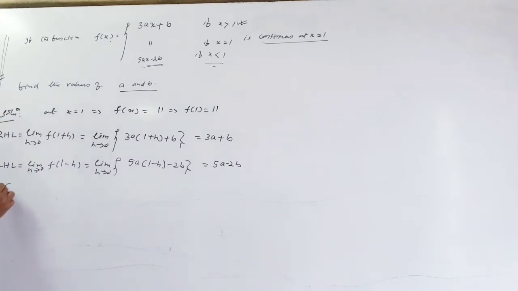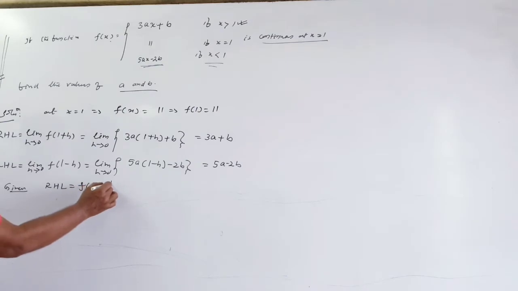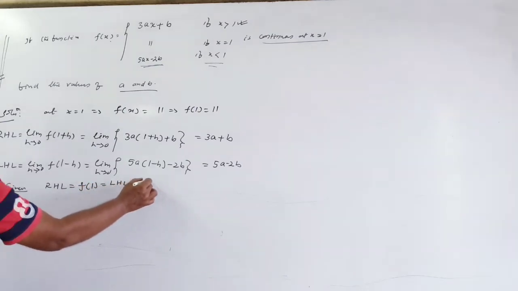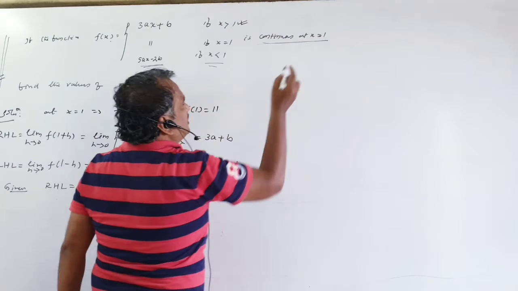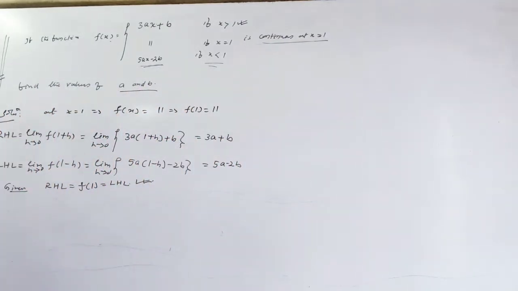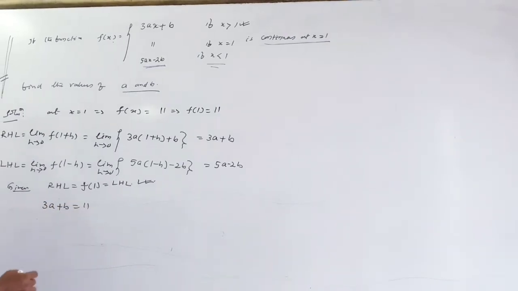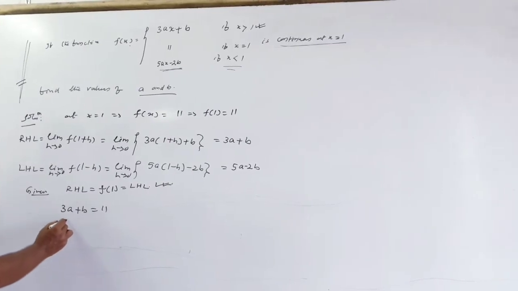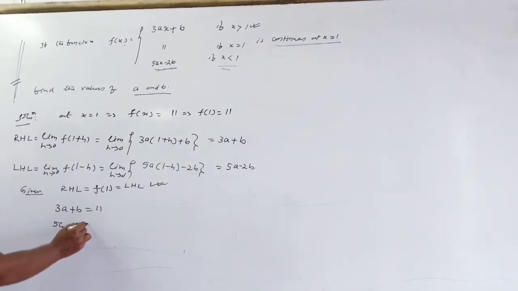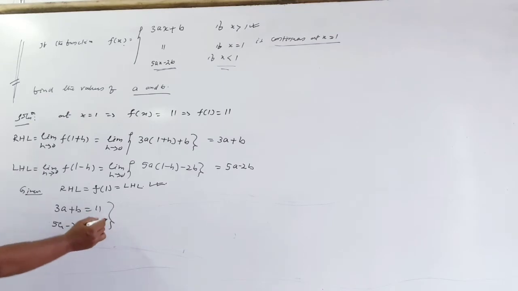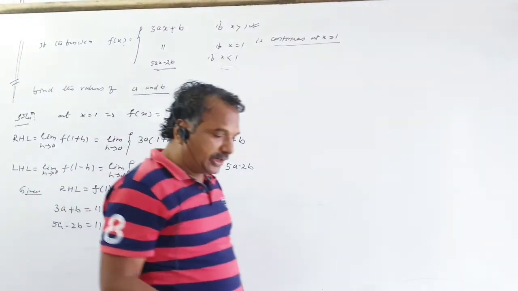Now here it is given that the right hand limit equals f of 1 equals the left hand limit, because the function is continuous at x equal to 1. So 3a plus b equals 11 and 5a minus 2b equals 11. Now solve these two equations and find a and b.